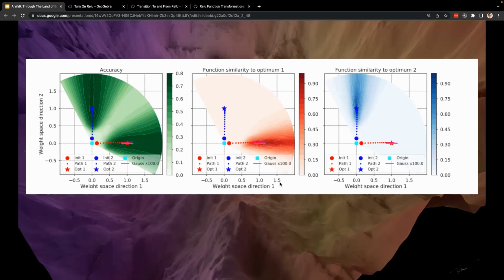Again, I'd have to look at the paper, but I'd be curious to see how much of this is based on the difficulty of measurement. There are other papers where people have said that the weights were not the same from those two different initializations, the red and the blue, but they were able to train something to figure out a transformation of the blue weights into the red weights.